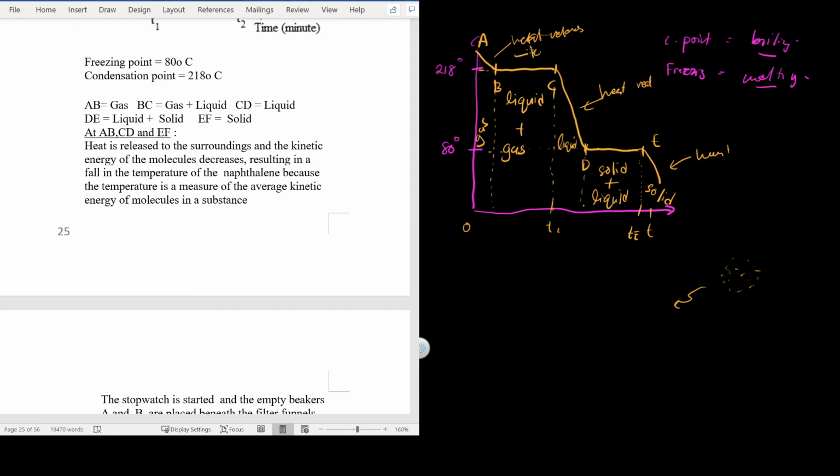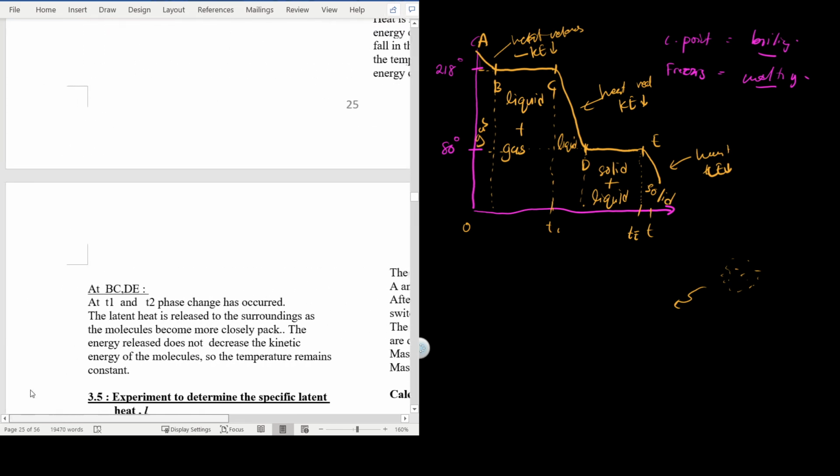So KE decreases here, KE decreases here, and KE decreases here. That means the motion of the particles, the atoms or molecules, in the substance will become slower, weaker, because they lose energy, resulting in a fall in temperature.